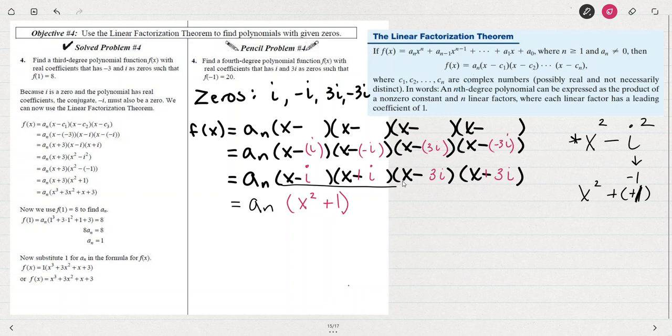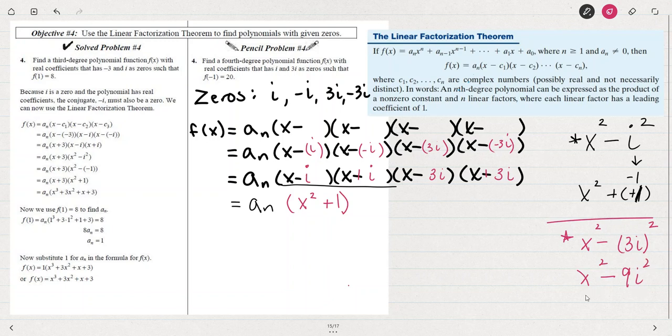And then when x minus 3i is multiplied by its conjugate, x plus 3i, I know I'd get x squared minus 3i squared. So that's x squared minus, be sure to square the 3 also, 9i squared.